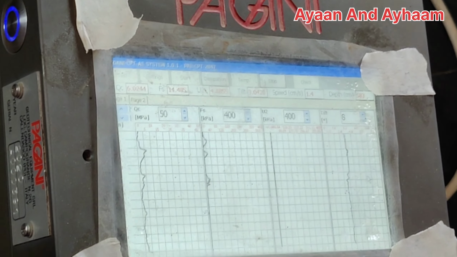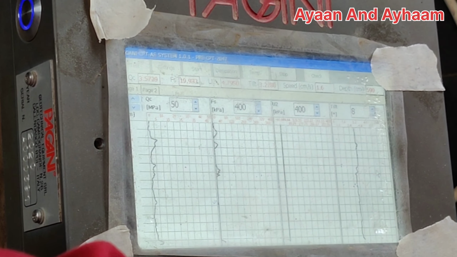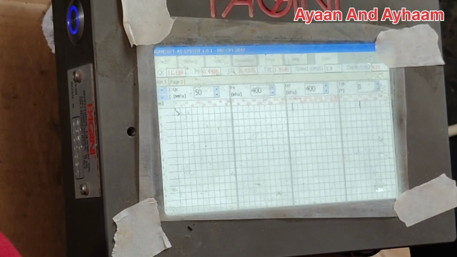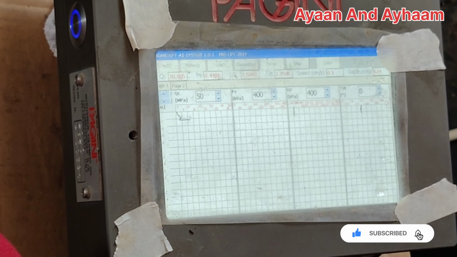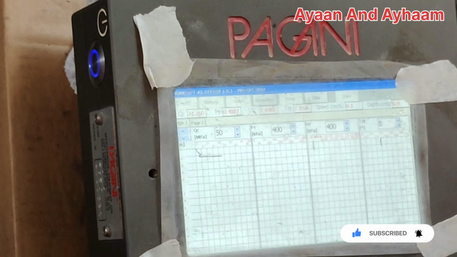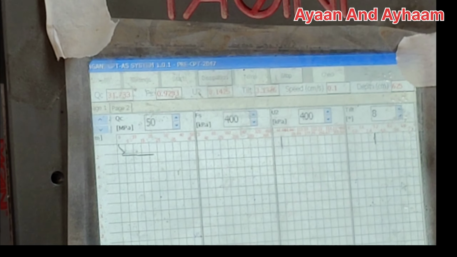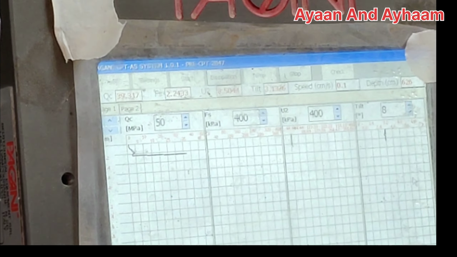As you can see, as the drilling is increasing, the graph is also increasing and showing the value. Now the friction is getting harder and harder, and the depth is around 6 meter. In this area we are finding our refusal strata around 7.5 meter.